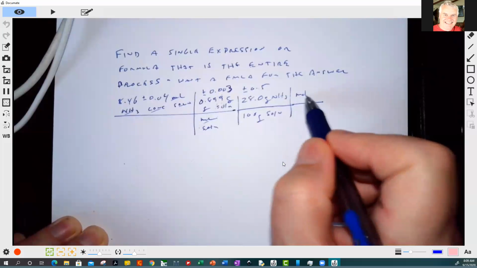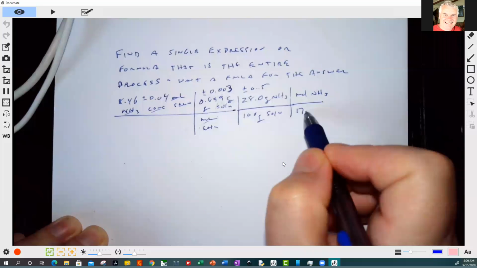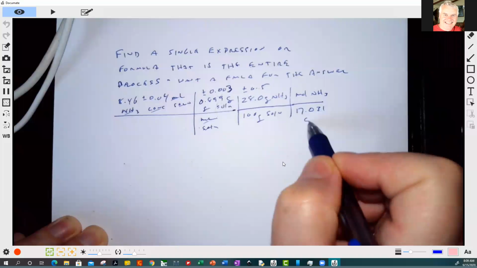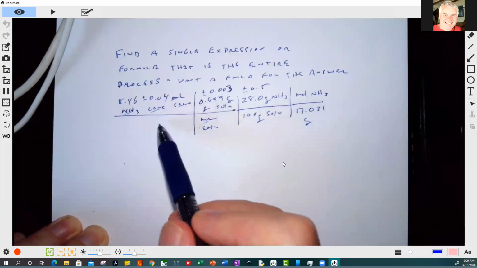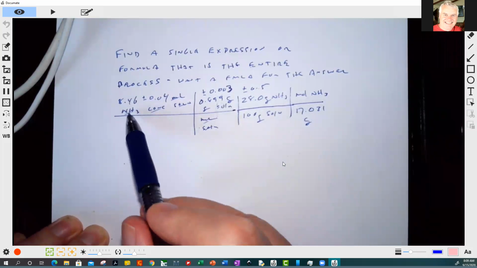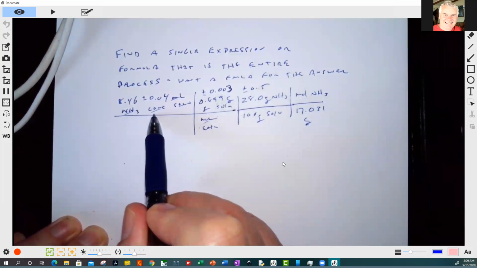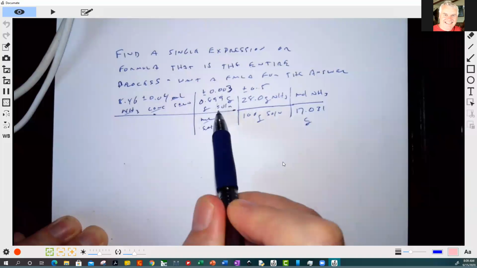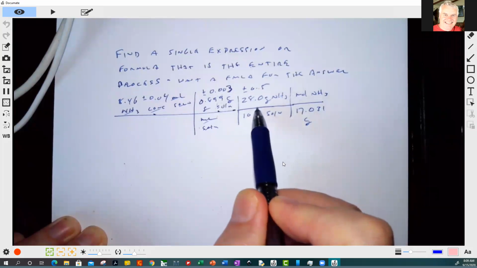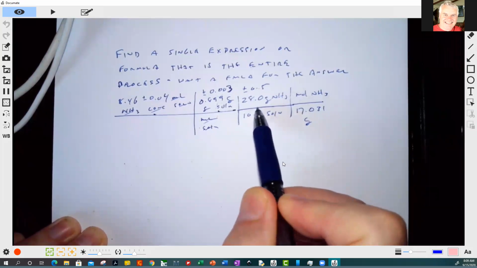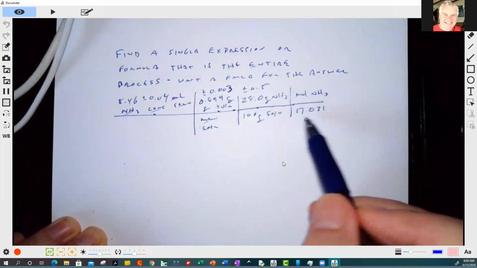So there's 1 mole of ammonia, that'll be 17.031 grams. So just to review, we start with the volume of ammonia solution. We use the density to get the weight of ammonia solution. We use the percent ammonia to get the grams of ammonia. Then we use the molecular weight to get the moles of ammonia.